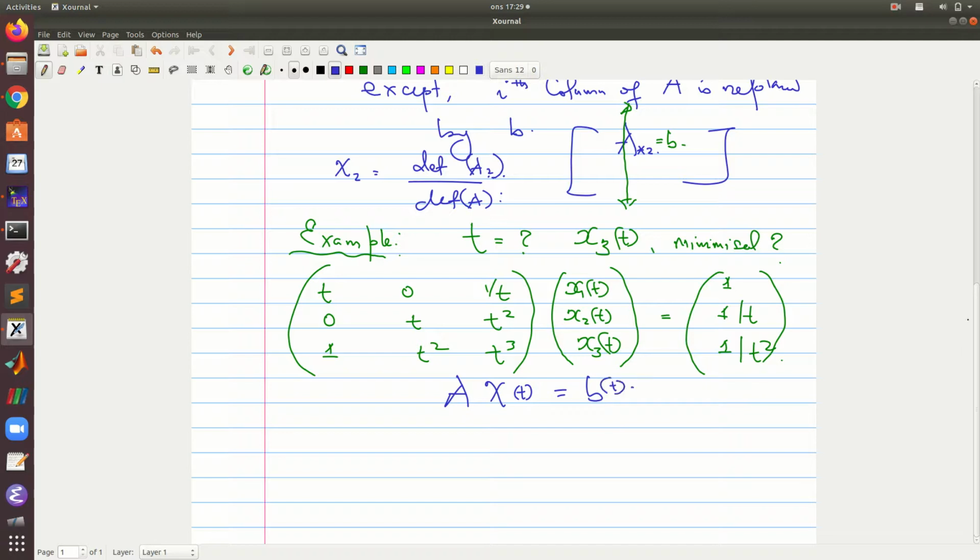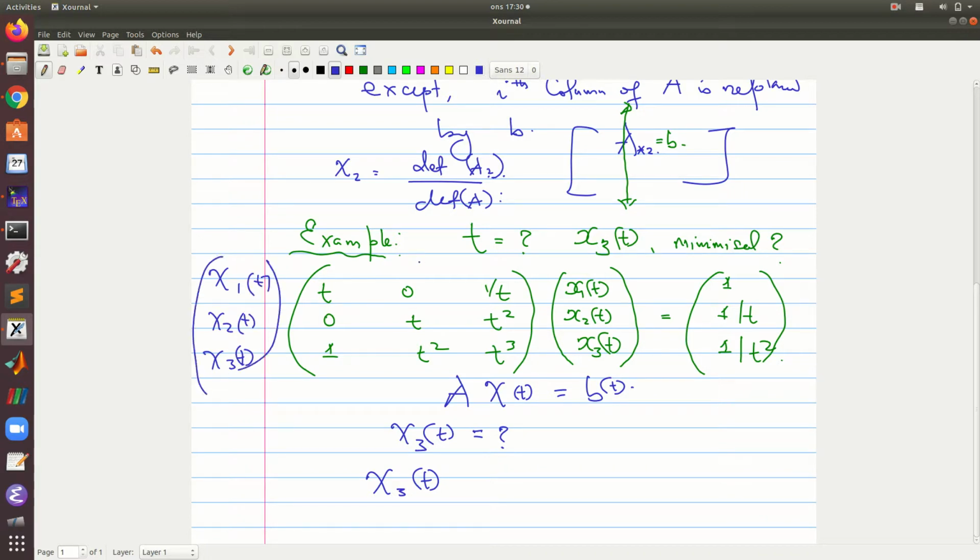Anyway, we want x3 of t, but from Cramer's rule, why are we going to use Cramer's rule? We only want x3 of t. This system has x1, x2, and x3 of t as its solution.